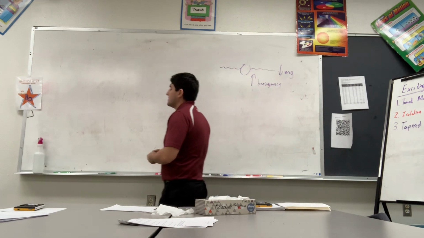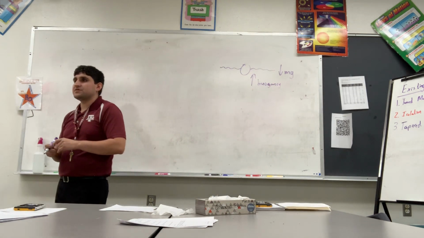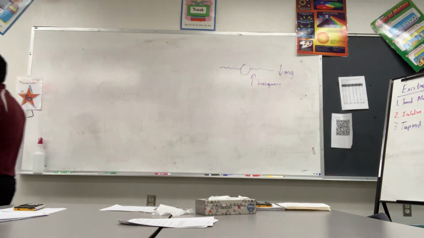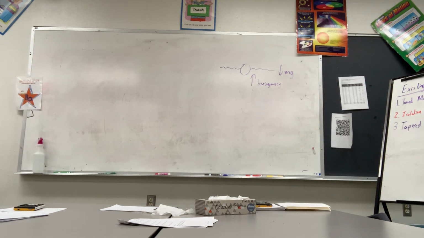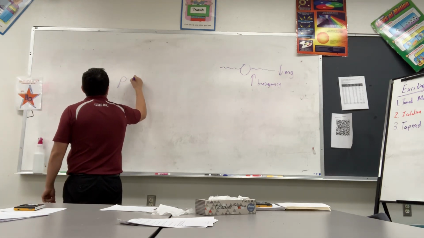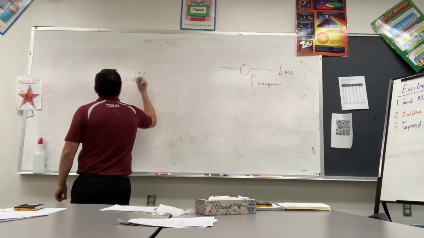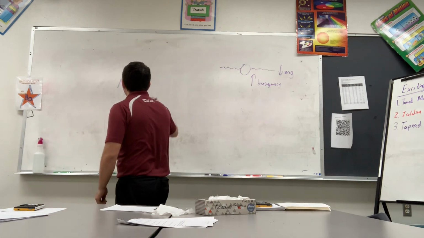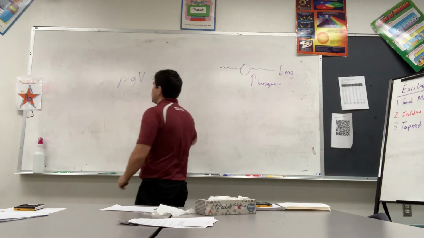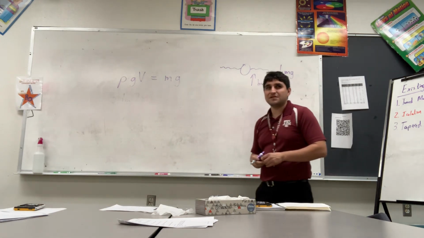When an object floats, this is the relationship that we need to know. The equation for buoyancy is density times gravity times volume, and when an object floats, that is equal to mg.